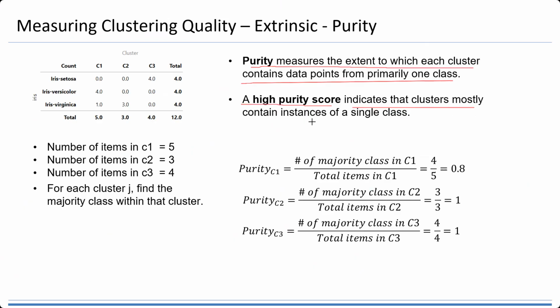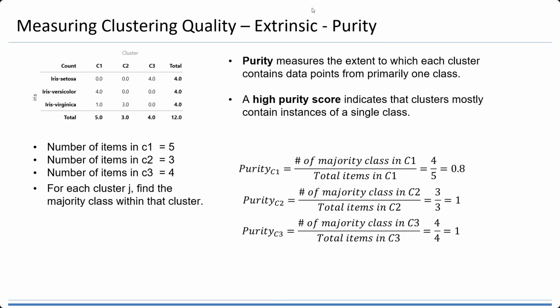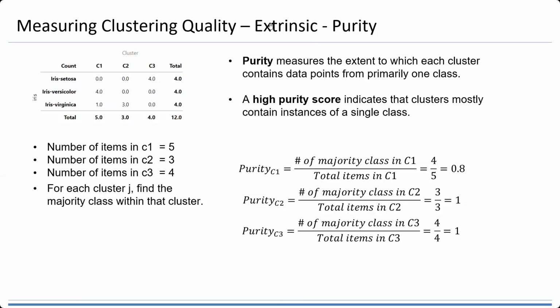For example, if we want to calculate the purity of C1, we find the majority class in C1. Here in C1, the majority is 4.